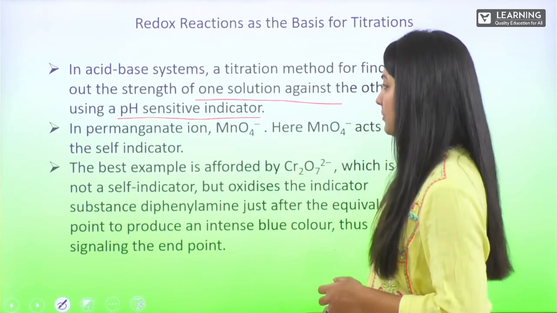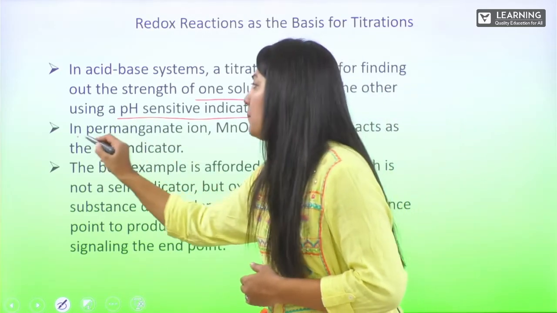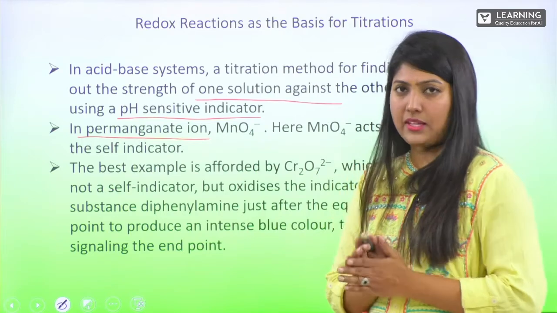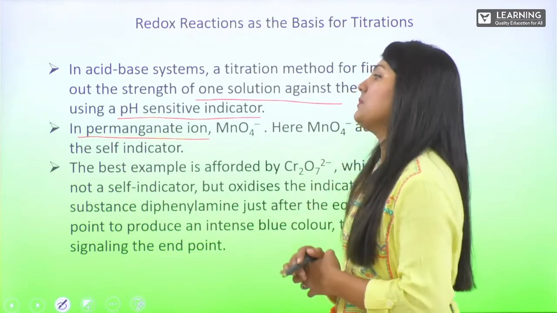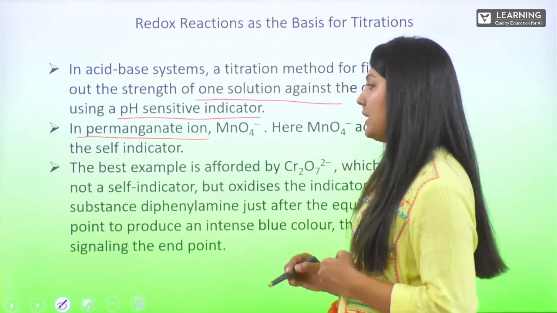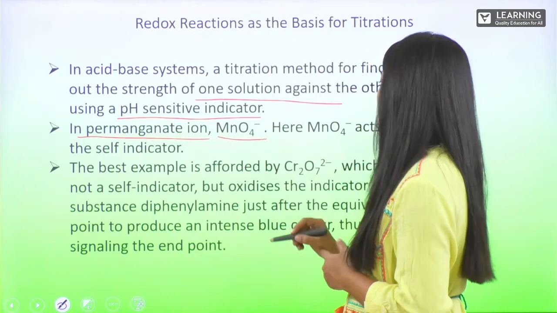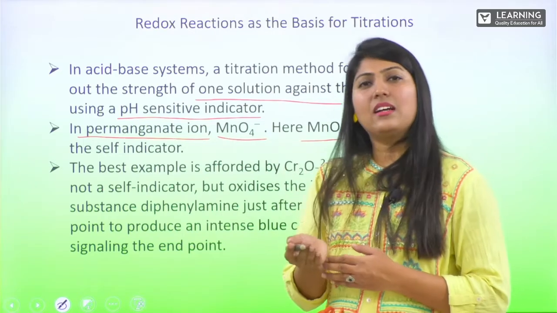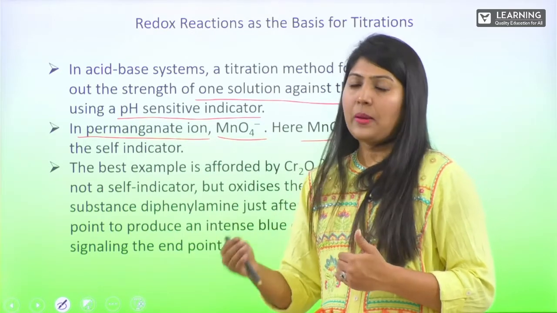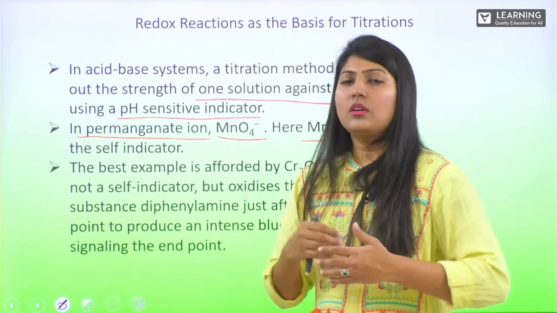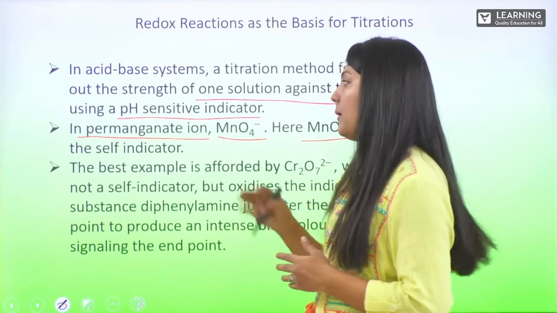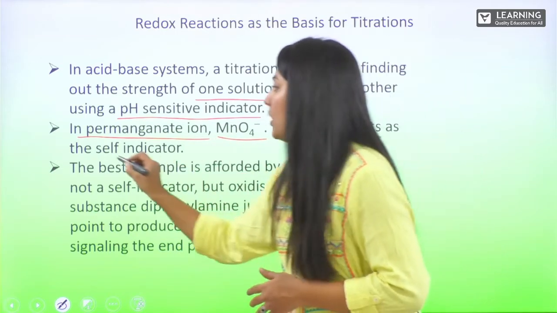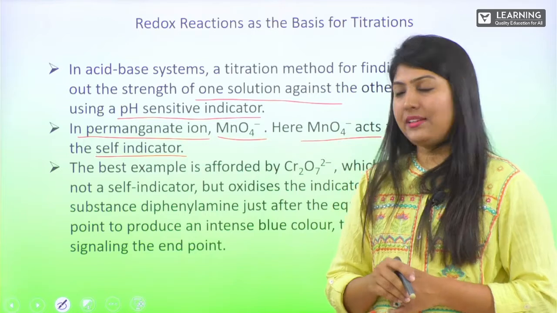So here, if we take potassium permanganate, generally we can use this permanganate as a self-indicator, because it changes its color from colorless to pale pink or pale pink to colorless depending on the pH. So we call it a self-indicator.